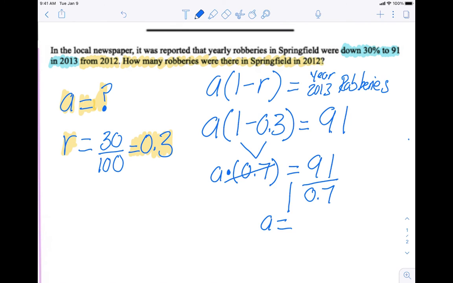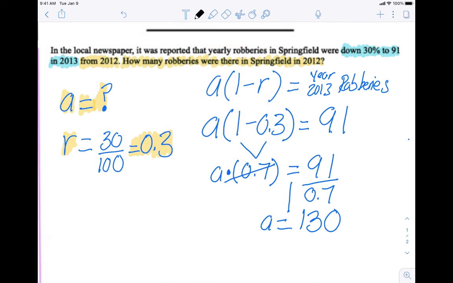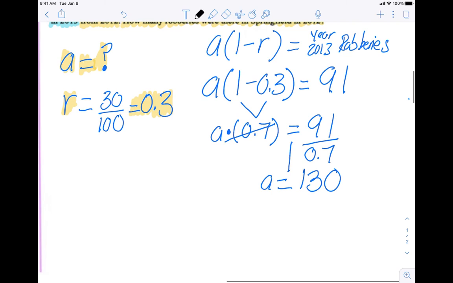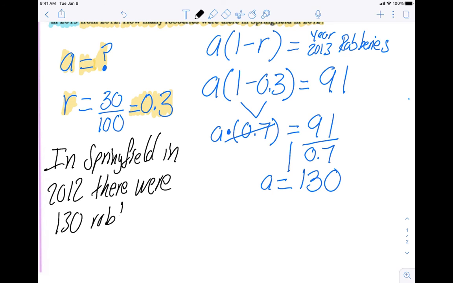130. So our question says, how many robberies were there in Springfield in 2012? So we are going to say, in Springfield, in 2012, there were 130 robberies.